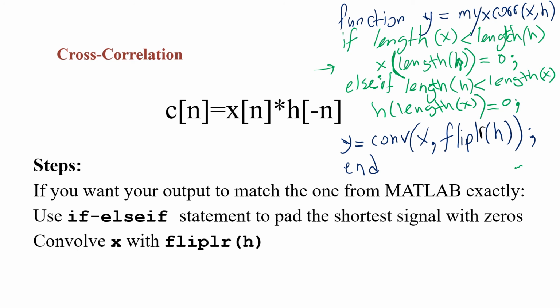If it doesn't exist, it will create it for you. So it will resize x such that it will have a length equal to the length of h if it is not. One more thing, we need to end that if statement. So if, else if is one word, and then end to end the if statement. The last end will end the function for us.